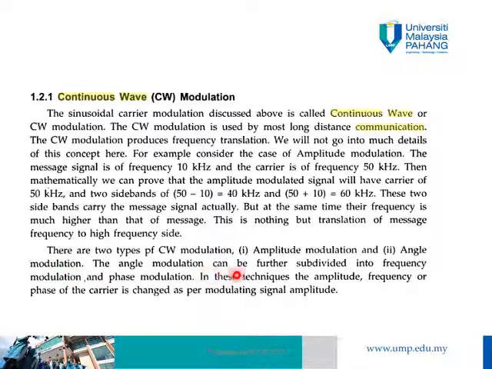The angle modulation can be further subdivided into frequency modulation FM and phase modulation PM. In this technique, the amplitude, frequency or phase of the carrier is altered, is modulated according to modulating signal amplitude.